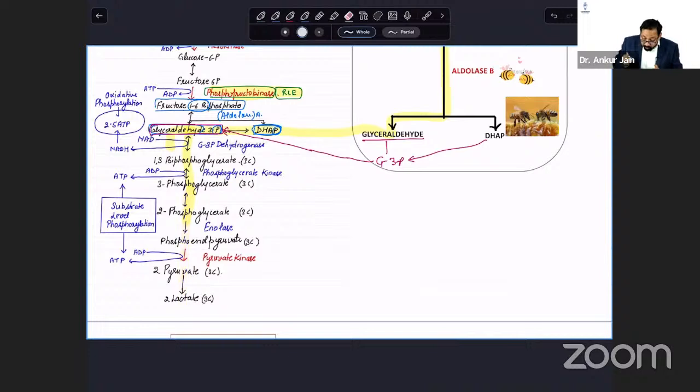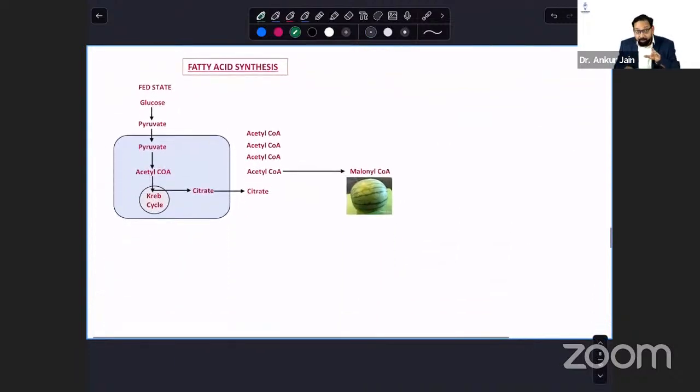Sometimes when you take fruit juice, please be aware they mix sugar, that is cane sugar, which is sucrose. Sucrose has glucose and fructose. So you are taking so much fructose, and as we discussed in integration, extra glucose is converted to fat.